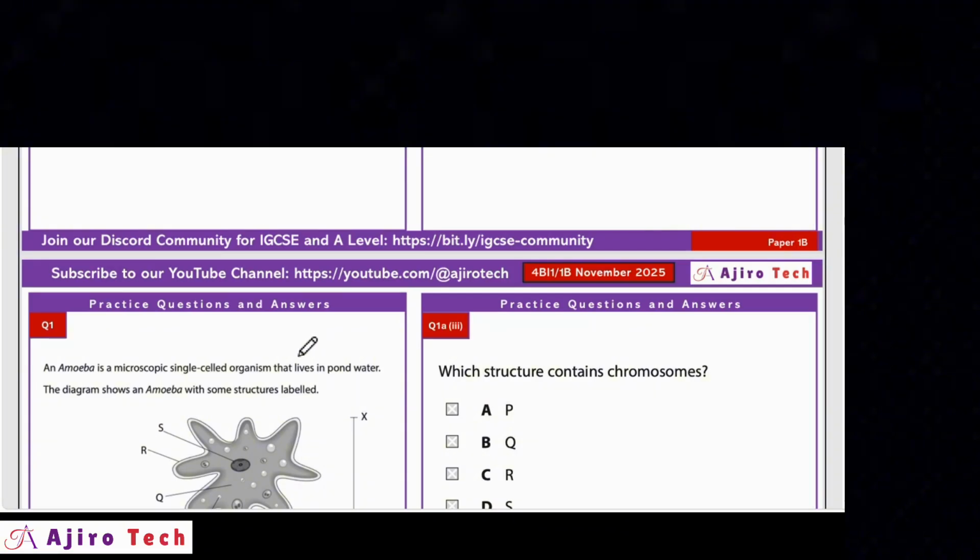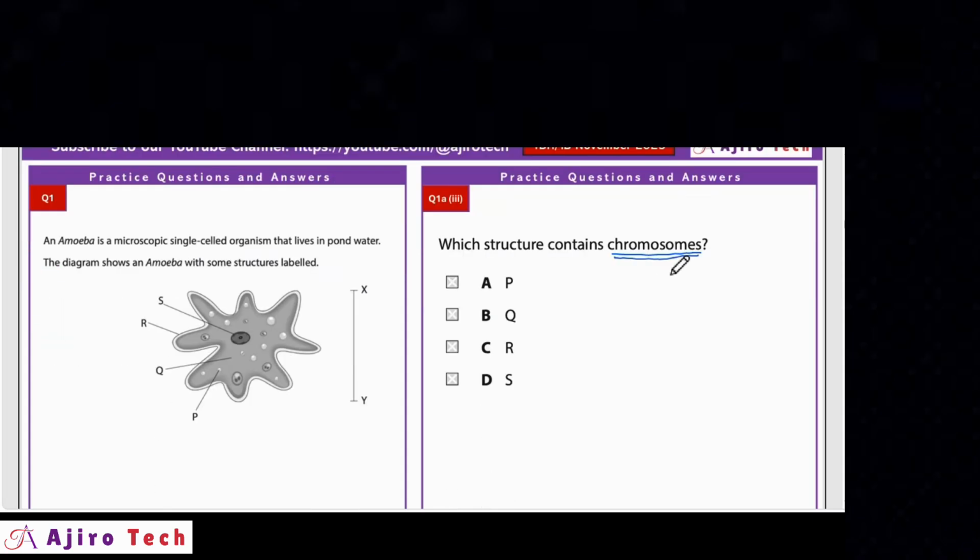There is a structure in the nucleus that makes it absorb a lot of stain, and that structure is the chromosome. In one of the videos I made some time ago, I explained the chromosome as a structure that absorbs a lot of dye. It is used in staining cells.